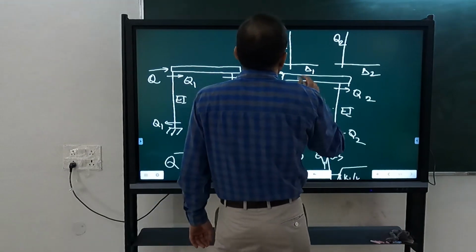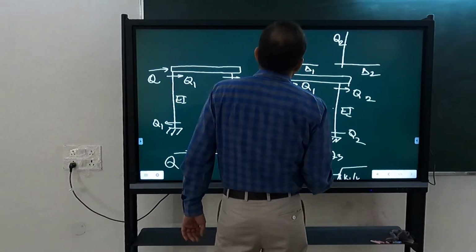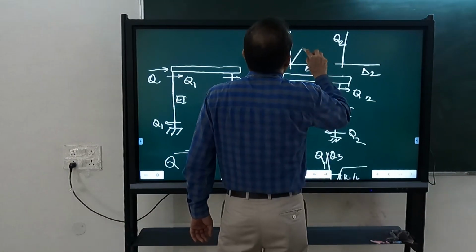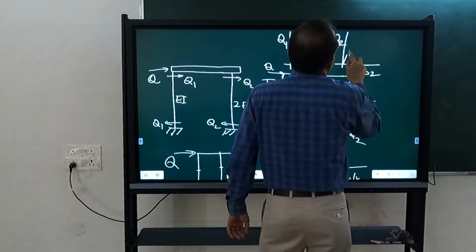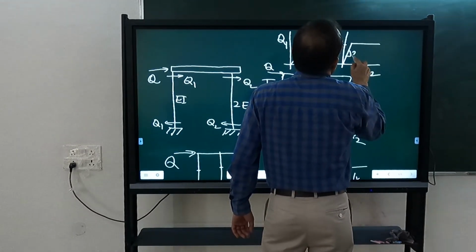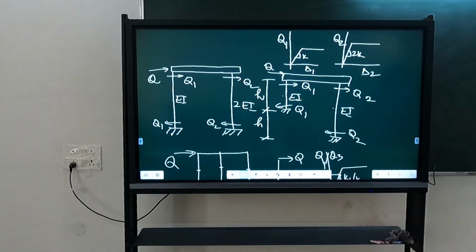Suppose this stiffness is double, so what will happen? This will be K. This will be 2K. And you add them. Then also you will get the same answer.